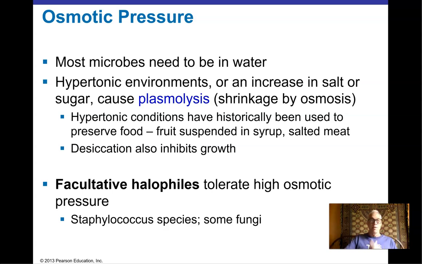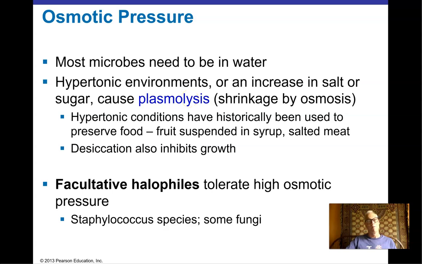Osmotic pressure. If you place bacteria in a hypertonic solution, we talked about tonicity last chapter, and a hypertonic solution is one that causes water to leave the bacterium by osmosis. It's more concentrated than the cytoplasm of the bacteria, and when the bacteria shrink down in this way as water is leaving, that's called plasmolysis, and many microorganisms can't grow.